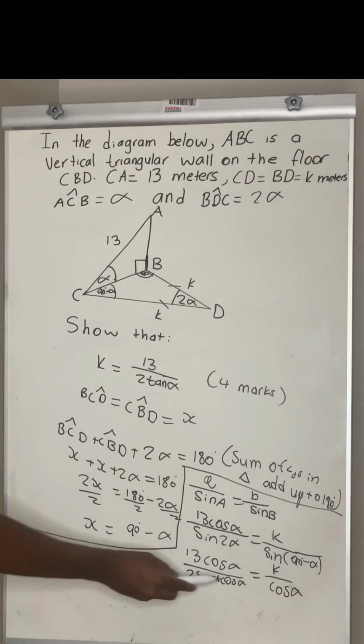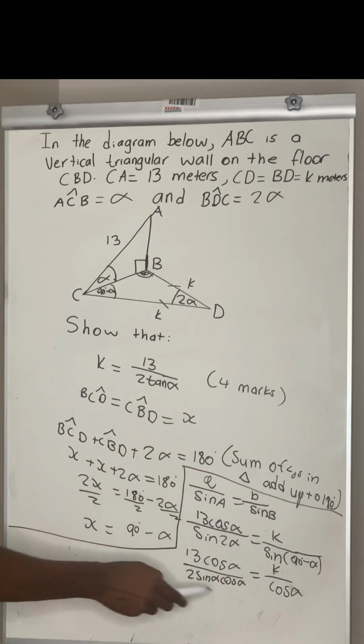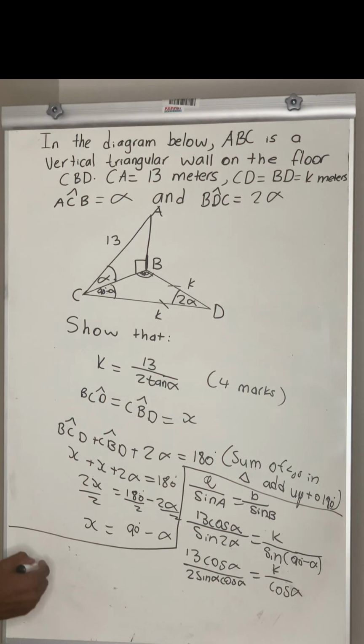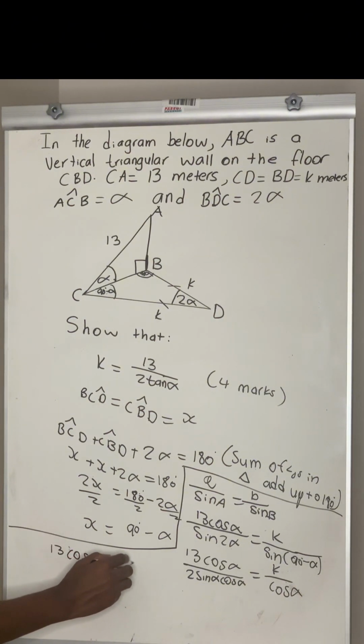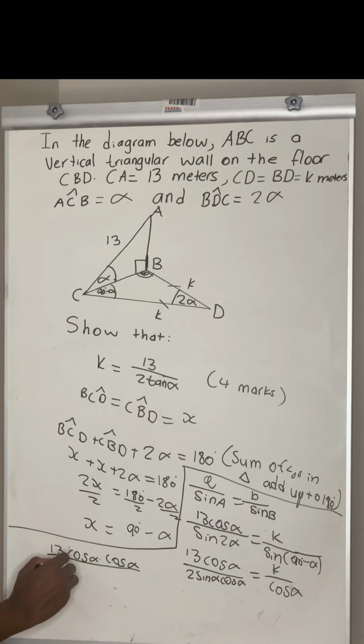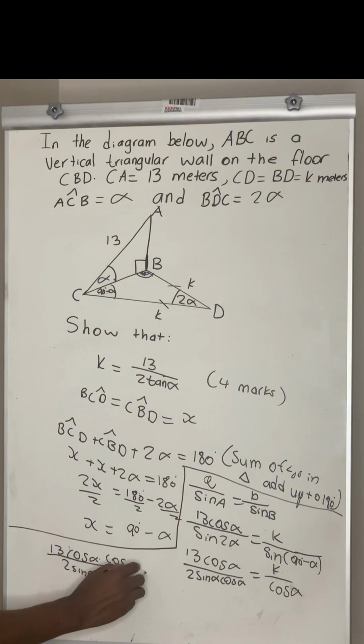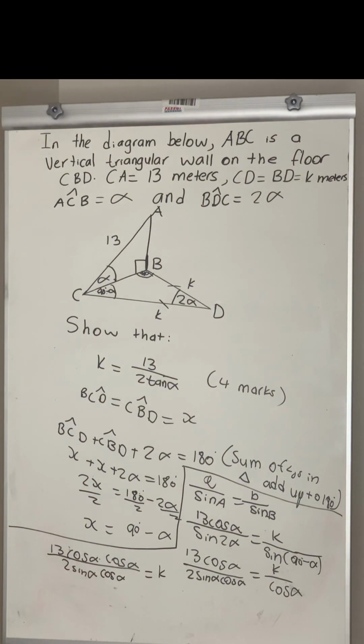Now remember, we're trying to make k the subject of the formula, so let's take this cos alpha across. So it's going to be 13 cos alpha times cos alpha divided by 2 sine alpha cos alpha is equal to k. These two are going to cancel each other out, and we're left with 13 cos alpha over 2 sine alpha.